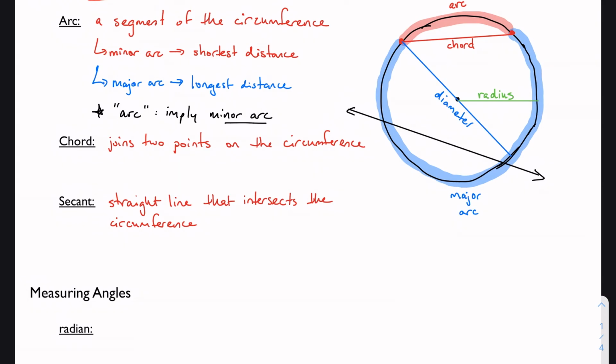Let me just write secant in. And then I can have a line that is tangent to the circle, like this. And one of the things that we know is that the line tangent to the diameter is perpendicular. So just some things that might come in handy once we start to talk about these different parts of a circle.